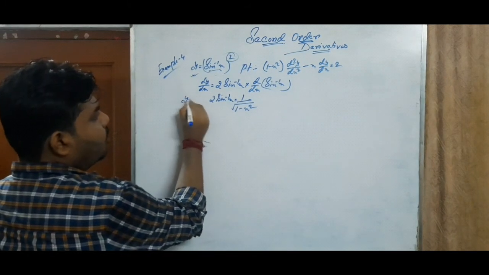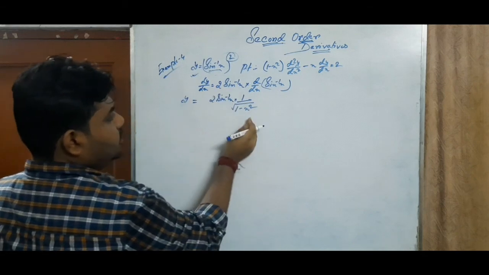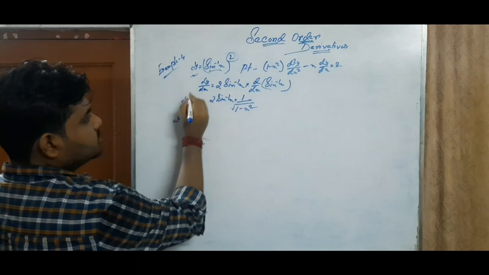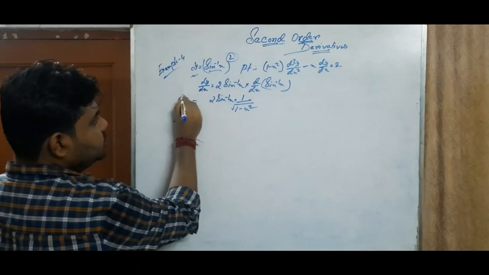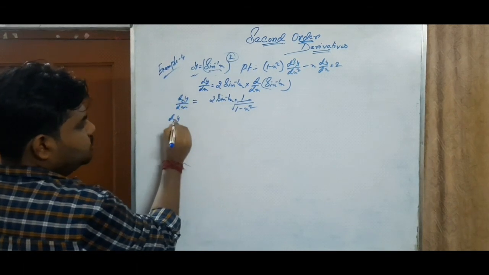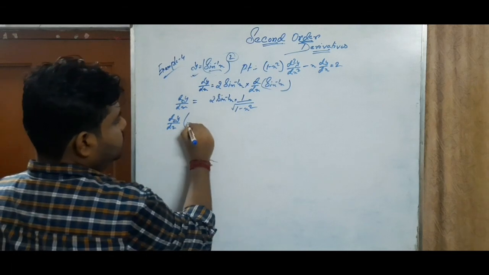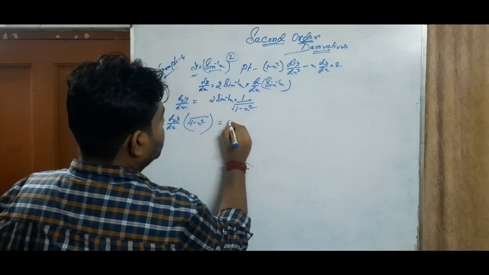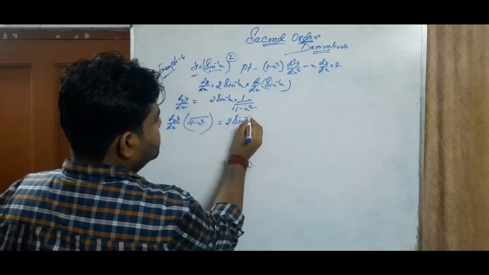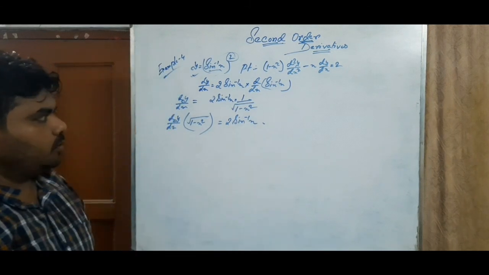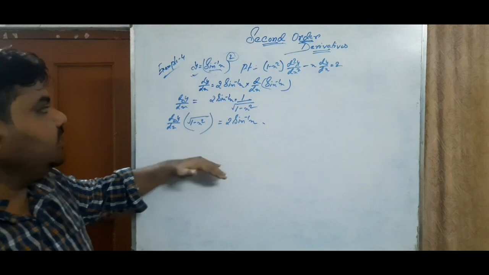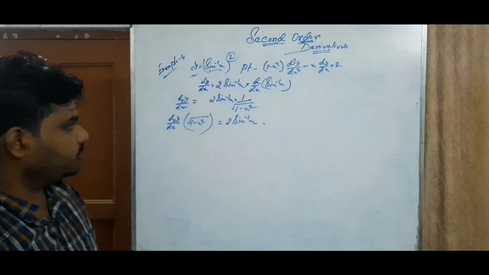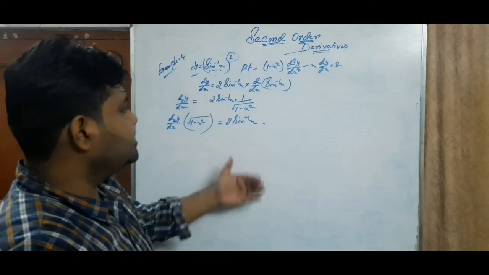We know that y equals this, so just cross multiply, that is dy by dx into root over 1 minus x square equals 2 sine inverse x. Now we will find the derivative of both the sides. This is the second method, we are applying the second method.